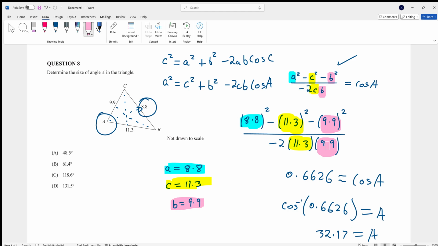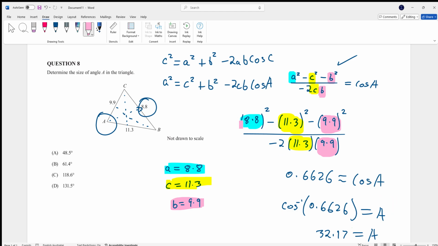What I would do is just recalculate all the numbers to see if anything doesn't work. So 8.8 squared minus 11.3 squared minus 9.9 squared, over negative 2, 11.3, and then 9.9. Yep, so we still get that one there, and we still get this, and then we go cos inverse, shift answer.